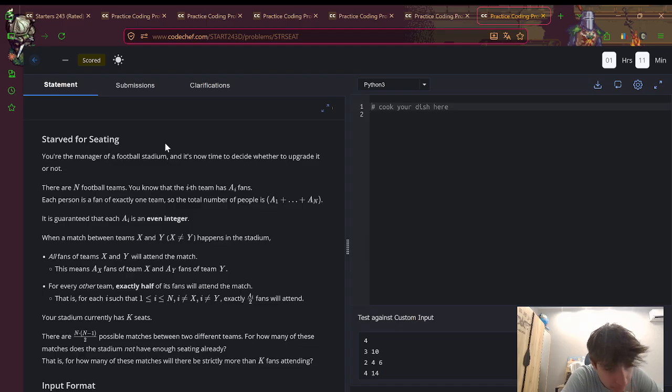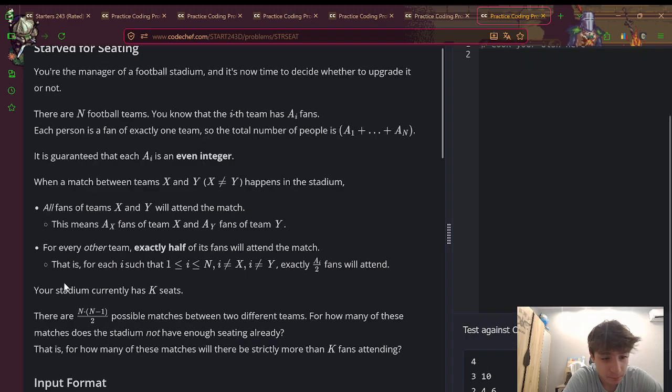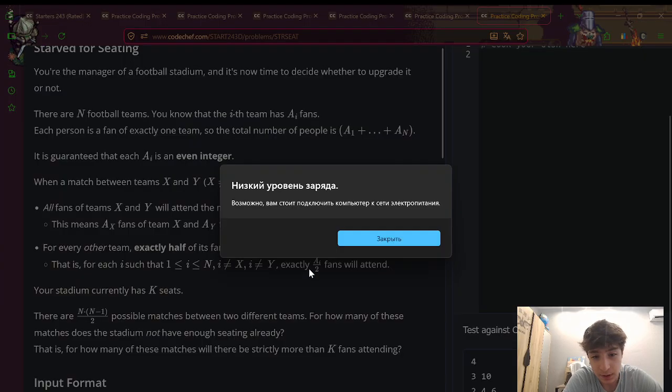What? For every other team, exactly half of its fans will attend the match, right? Yeah, so there will also be A_i divided by 2.